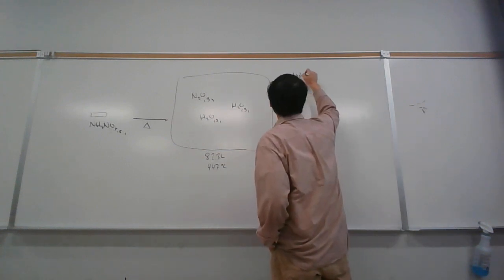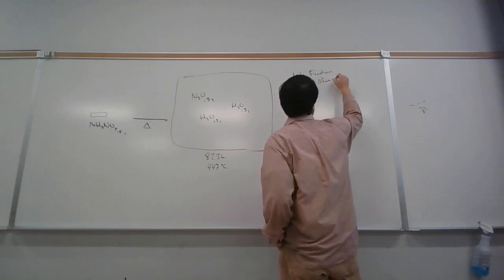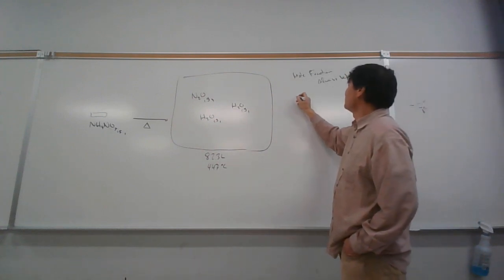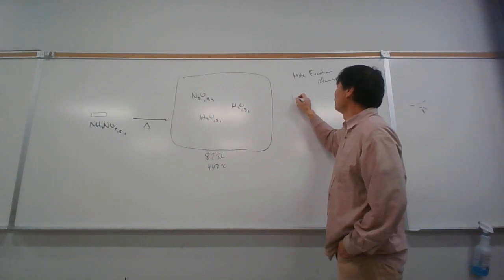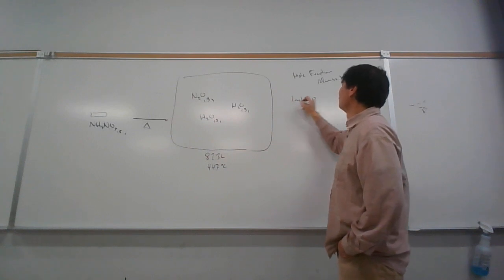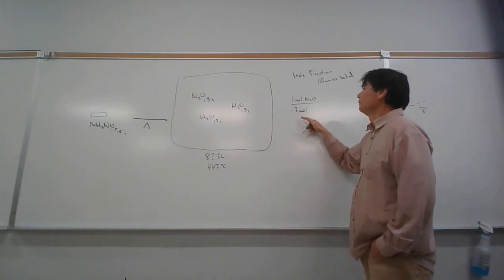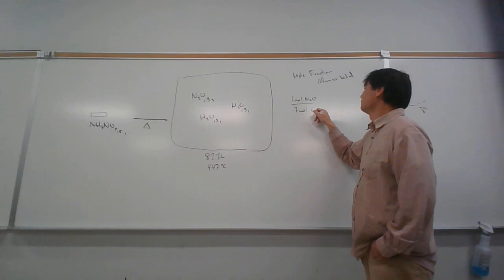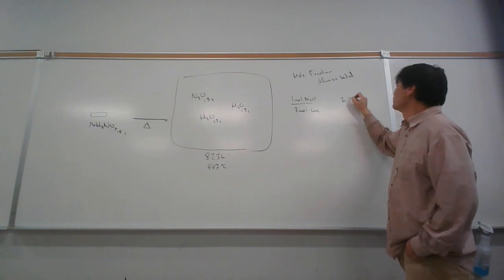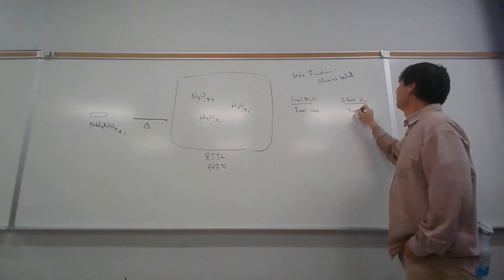We have something called the mole fraction. The mole fraction is always valid. That means, what's the mole fraction of N2O? The mole fraction of N2O is 1 mole of N2O for a total of 3 moles of gas. And the mole fraction of H2O is 2 moles of H2O for every 3 moles of gas.